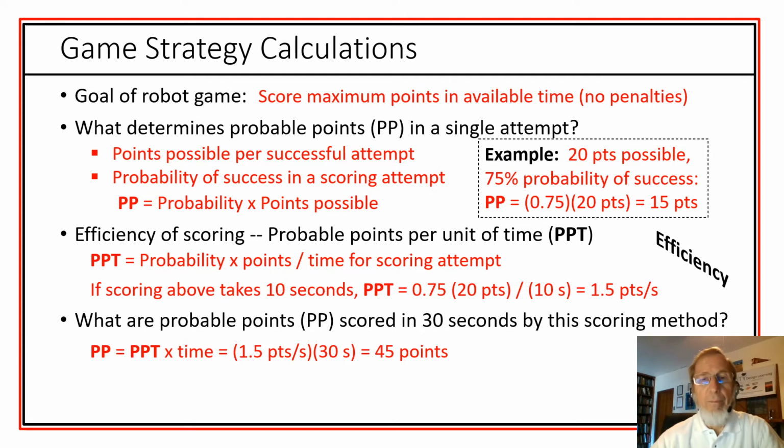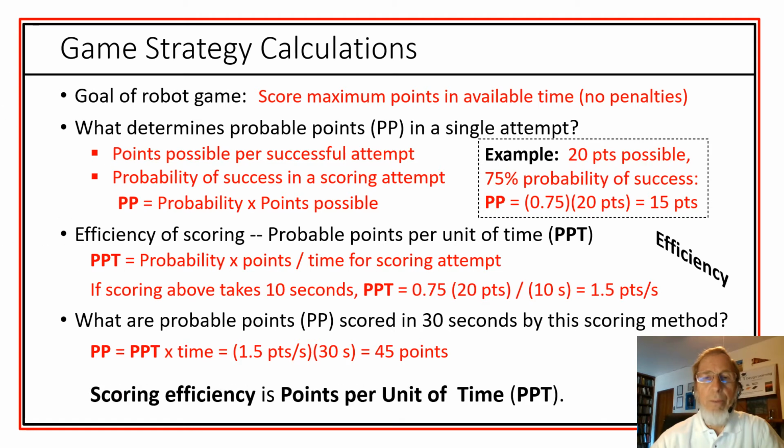This means 1.5 points per second times 30 seconds gives us 45 points. So for that 30-second period, we could expect, on average, to achieve 45 points with this scoring method. So this scoring efficiency is the probable points per unit of time.